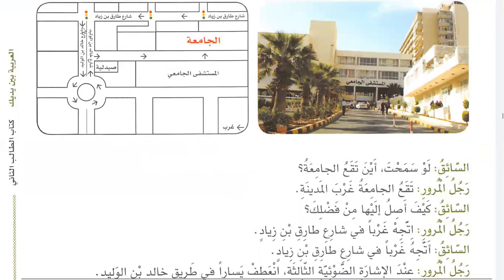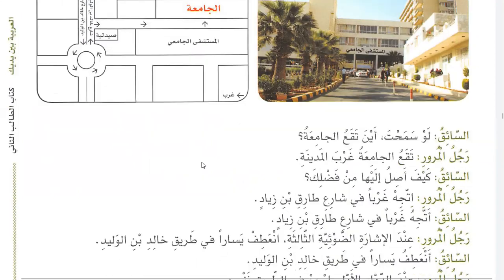Basically he wants to say come on this road like this, then return on the same road like this. Then, at the first road, ittajih yaminan, head to the right side. Attajihu yaminan, I will go to the right side.